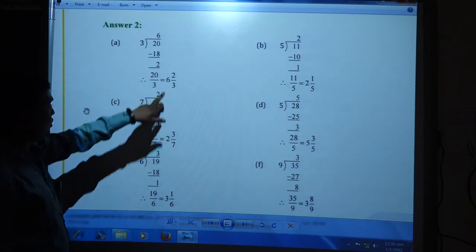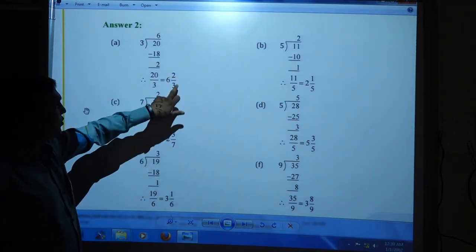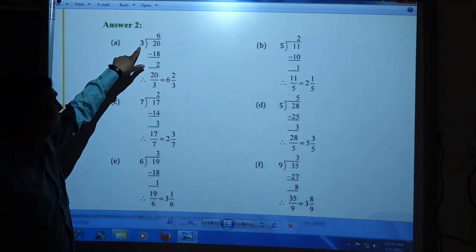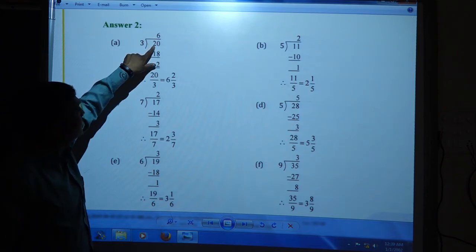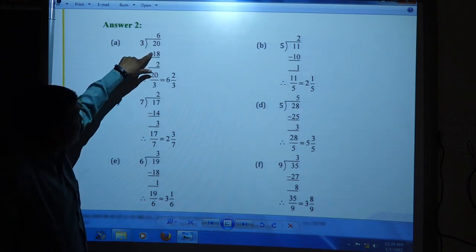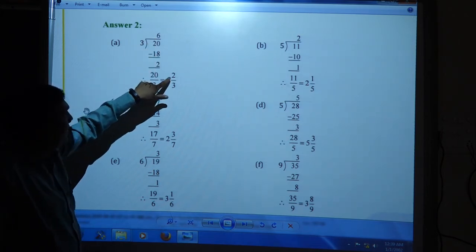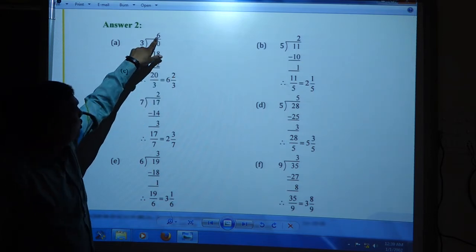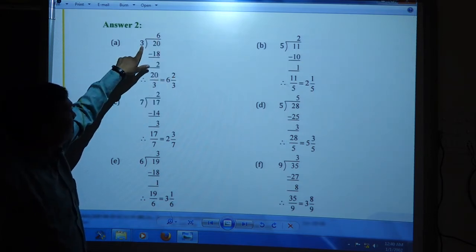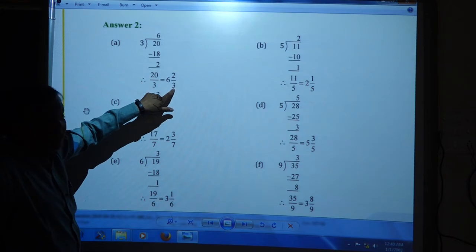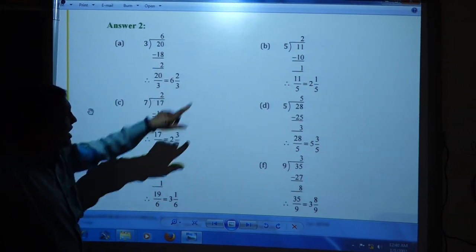So the first answer is 6, 2 upon 3. Again 3 6s are 18. 20 minus 18, 2. So this 2 will be the numerator. This quotient is the whole number and this divisor is the denominator. So here the answers are shown.